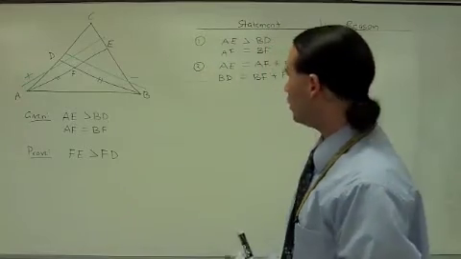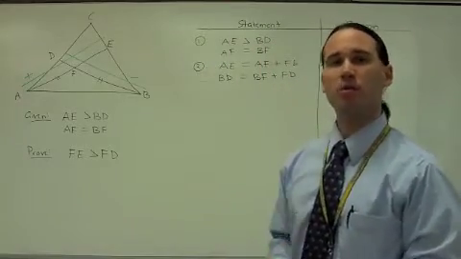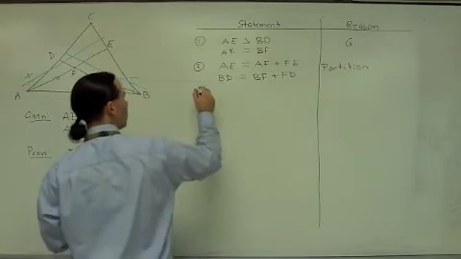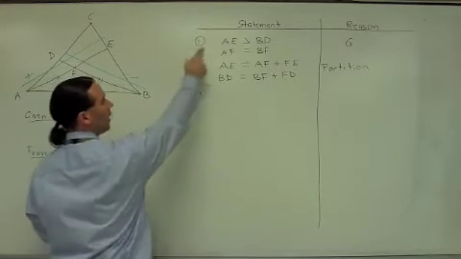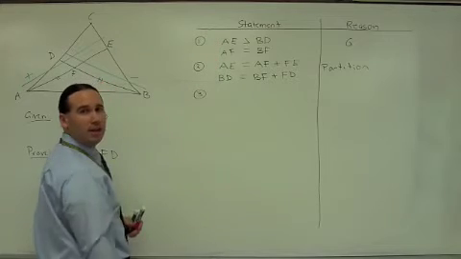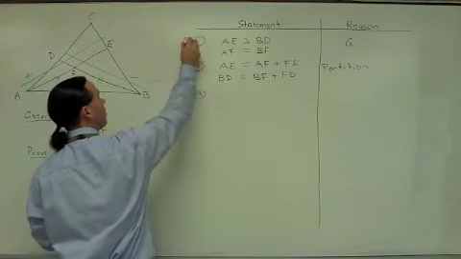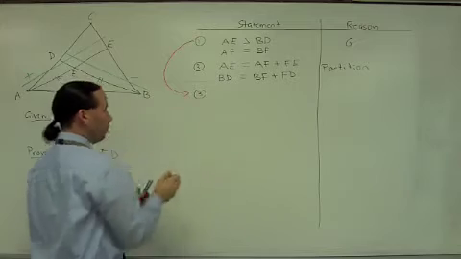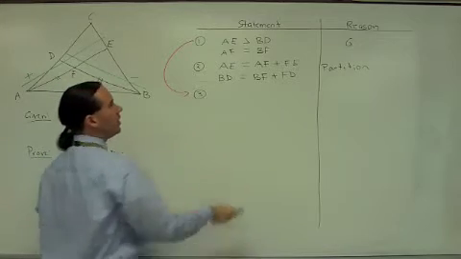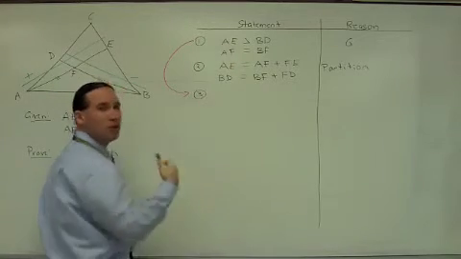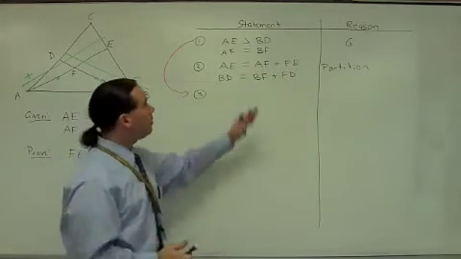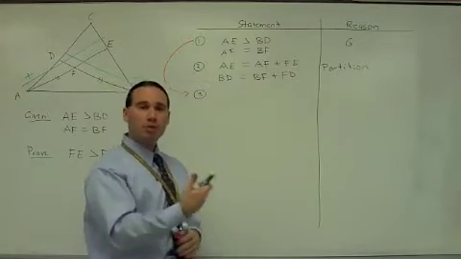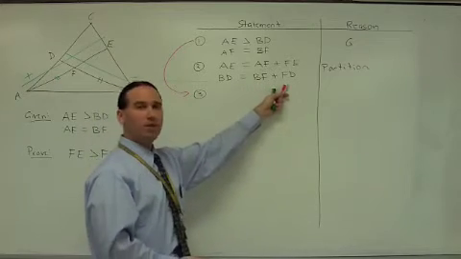Since this is essentially a subtraction problem, we're going to proceed just like we would. In the next step, we're going to do a substitution. We're going to take what we had about the large pieces, AE larger than BD, and rewrite it. Instead of AE, we're going to substitute AF plus FE, and instead of BD, we're going to substitute BF plus FD.